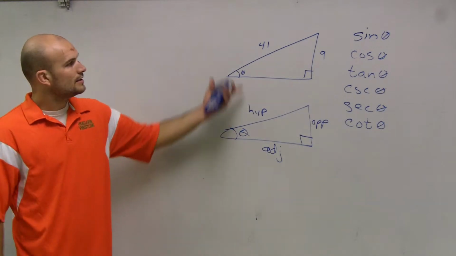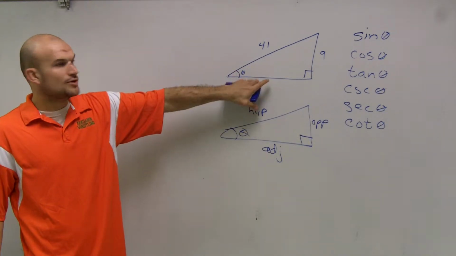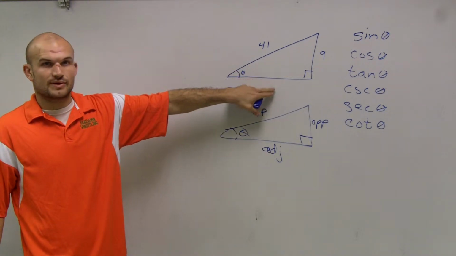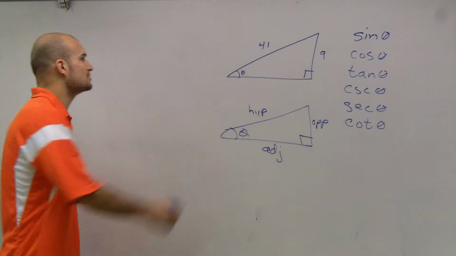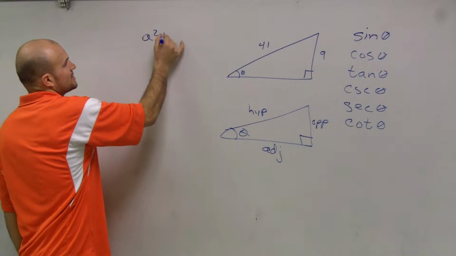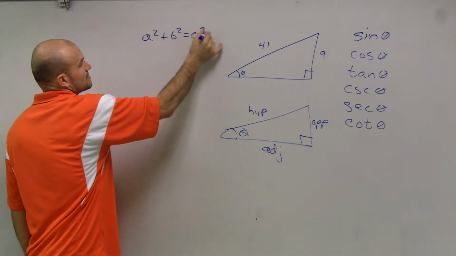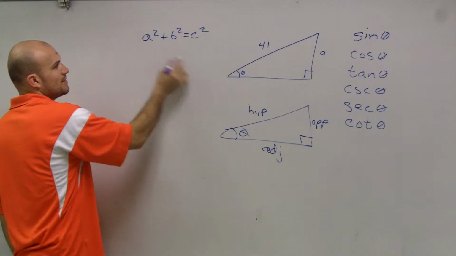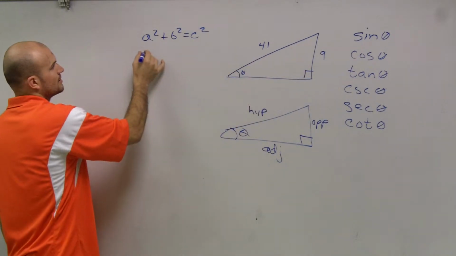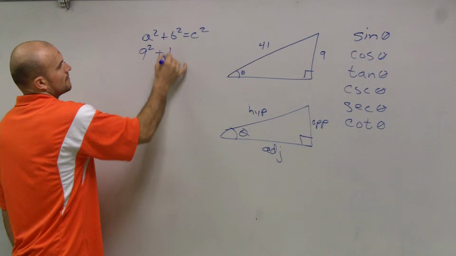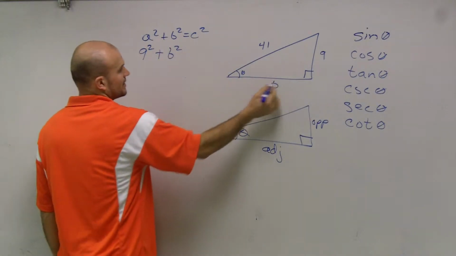All right? Now the next thing is, if we look at this, we don't know what this side length is, do we? So since it's a right triangle, we can use good old Pythagorean theorem. a squared plus b squared equals c squared. So remember, it's leg squared plus leg squared equals your hypotenuse squared. I'll just call this b for right now.